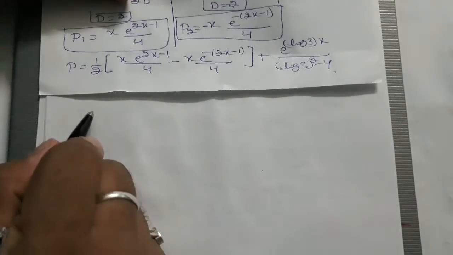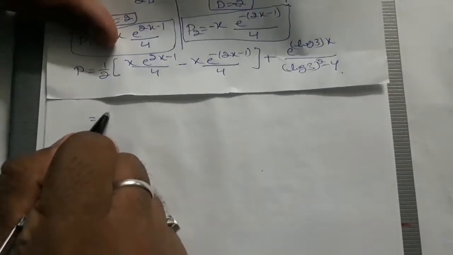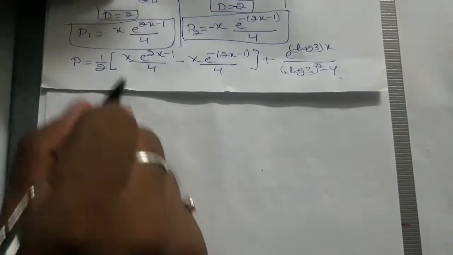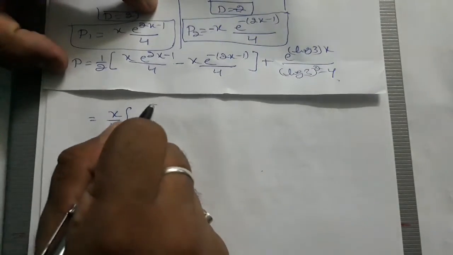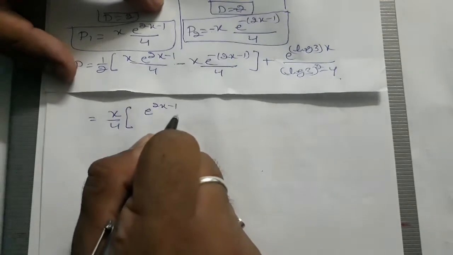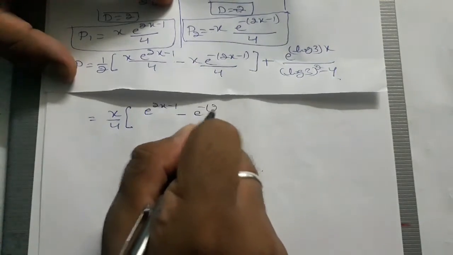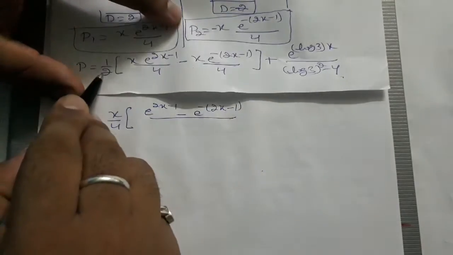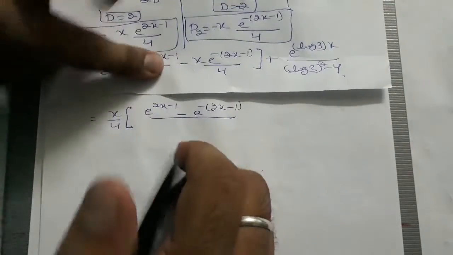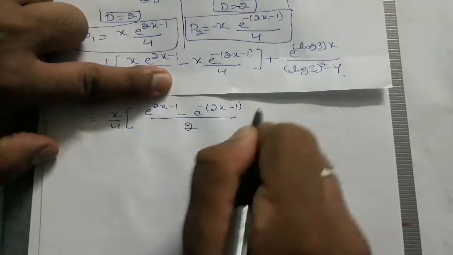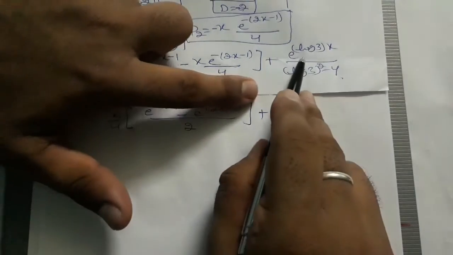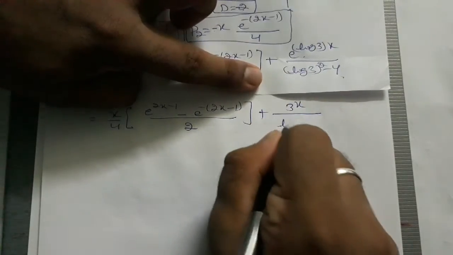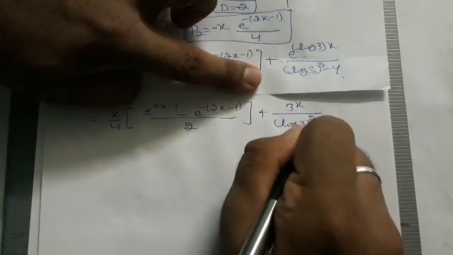p is equal to, I'll take x by 4 outside, and what is remaining? e to the power of 2x minus 1 minus e to the power of minus 2x minus 1, by this 2 I'm taking inside. So I get 2, plus, as in the problem they have given, e to the power of log 3 x as 3 to the power of x divided by log of 3 the whole square minus 4.